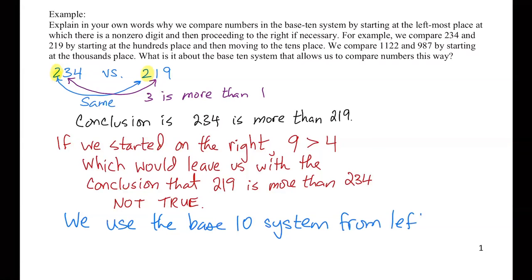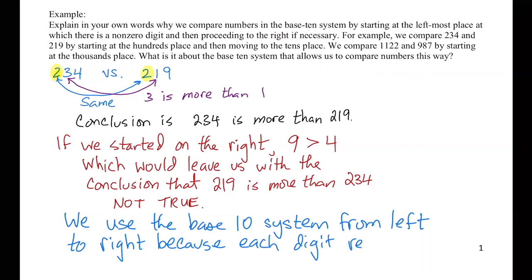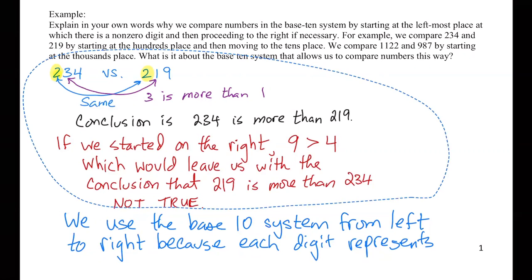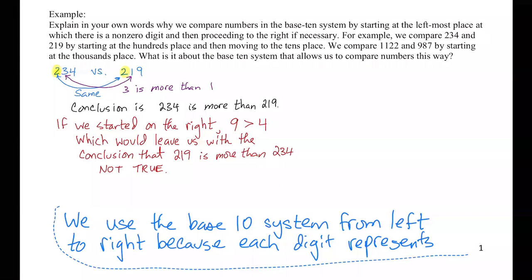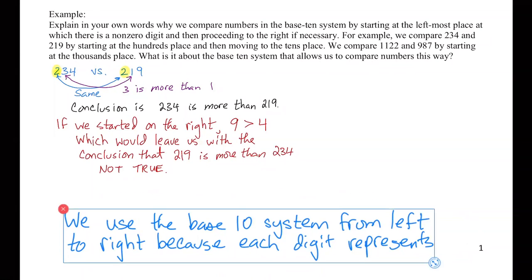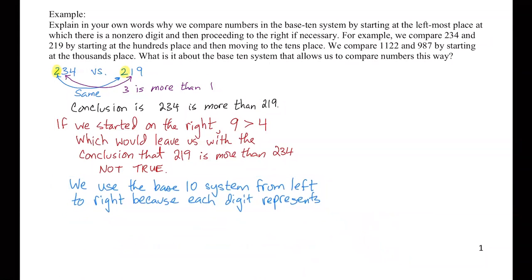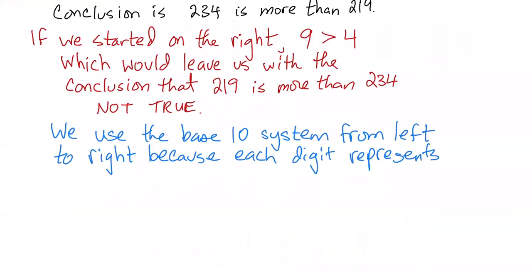from left to right, because each digit represents a collection of values. And I'm just gonna write big, and then I have to do it this way because of my nerve damage. It's a fun position to be in.